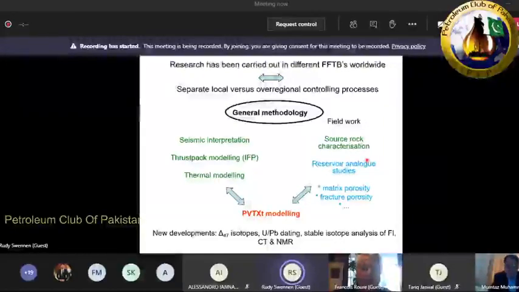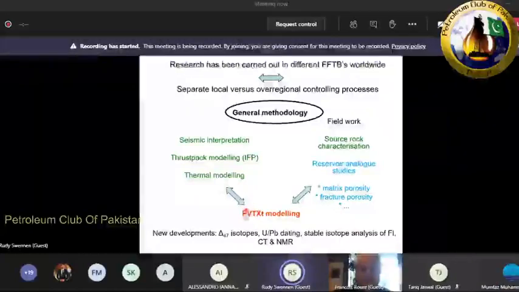And this at the end should have allowed us to carry out what we call the PVTXT modeling. So a modeling where we looked at the pressure, the volume of fluids, the temperature, the composition of the water, as well as the timing.